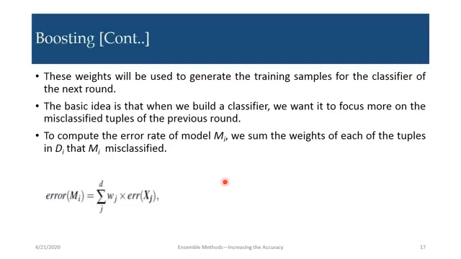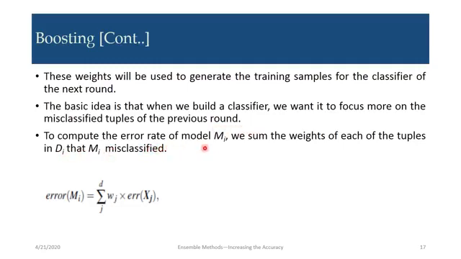The basic idea is that when we build a classifier, we want it to focus more on the misclassified tuples of the previous round. So when adjusting the weights, we always have to focus on the error in the previous round, that is, the misclassification rate of the tuples in the previous round. Based upon that, we adjust.